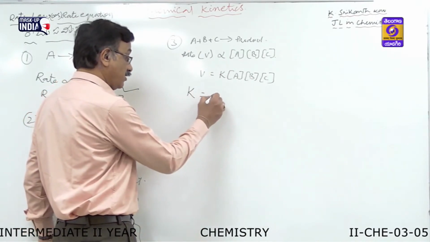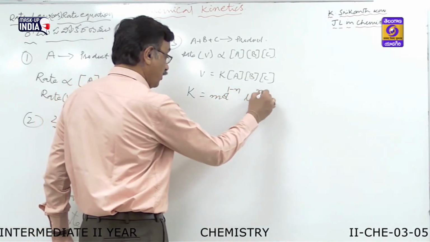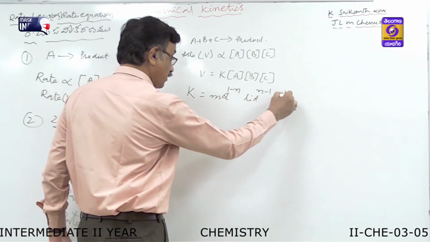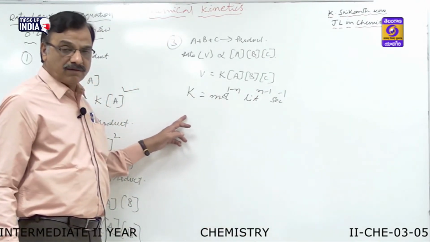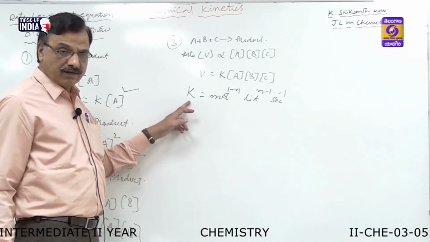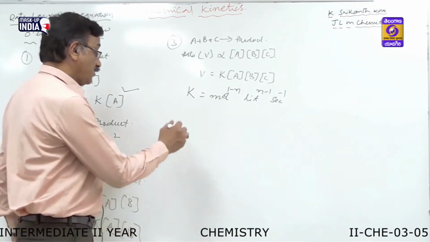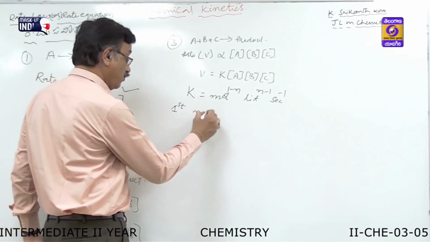Rate constant has units. K has the units mole^(1-n) liter^(n-1) second^(-1). This is general representation. Depending on the order of the reaction, we can express K value for the different equations. For example, first order reaction, n equal to 1.